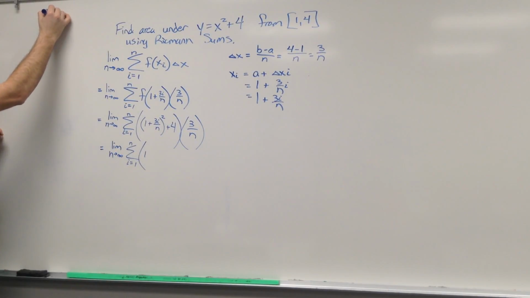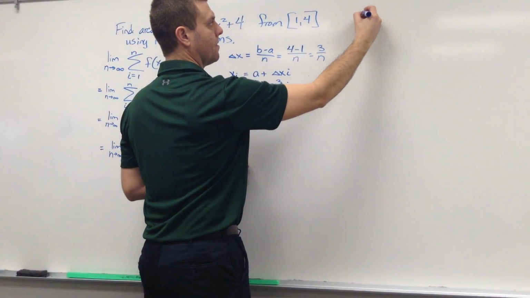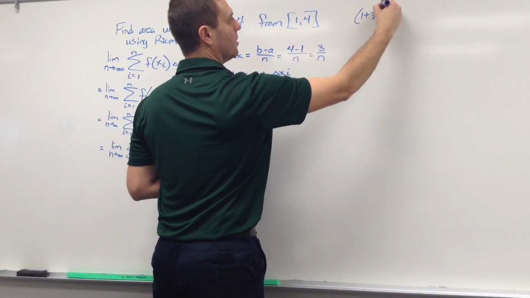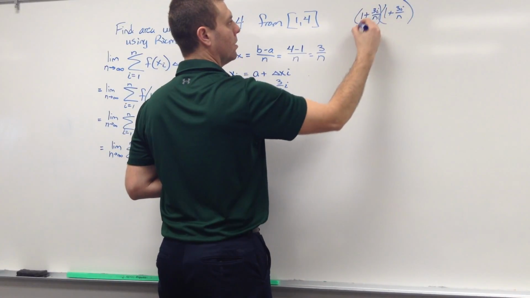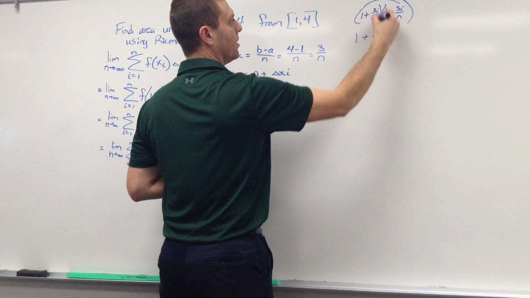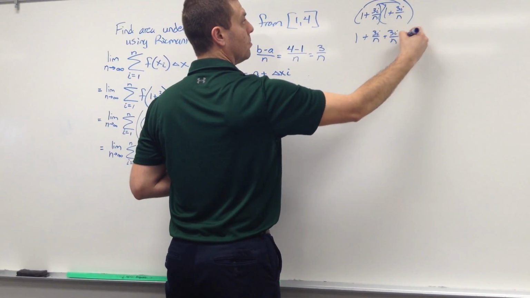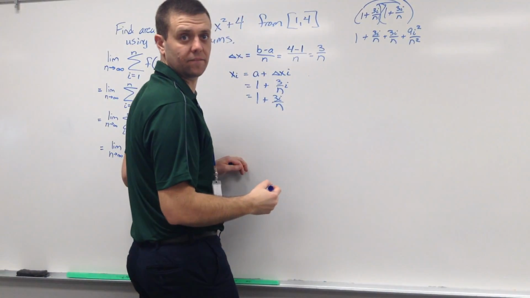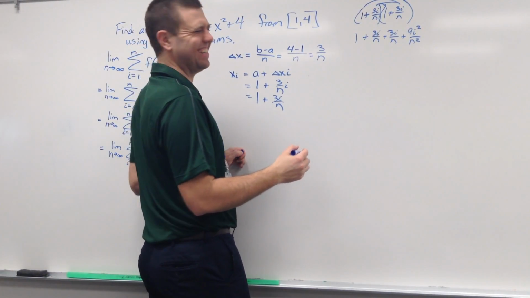Is this still on camera up here? No. Okay. Here? Yeah. 1 plus 3i over n times 1 plus 3i over n. FOIL. So 1 plus 3i over n plus 3i over n plus 9i squared over n squared. Right? i squared is not negative 1 here.